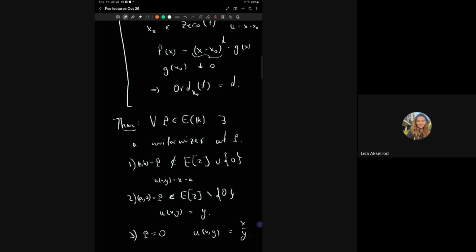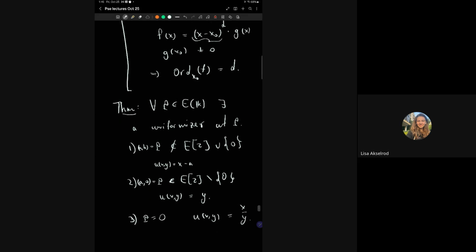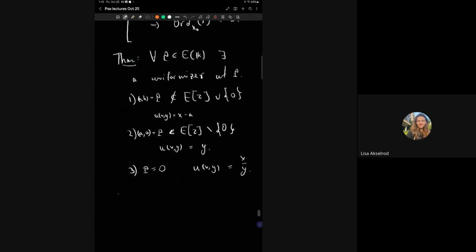You can choose others. First, you can multiply by any constant, and it will stay a uniformizer. But you have other choices as well. The important thing is that, in addition, D is uniquely determined.